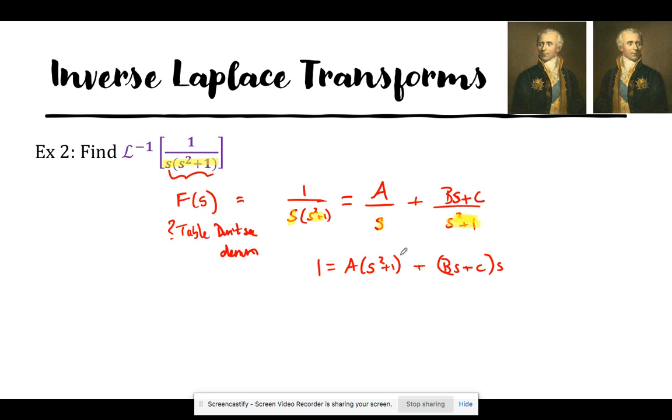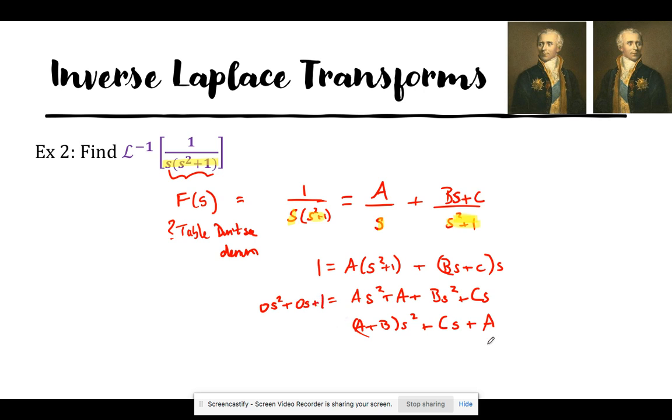Right, and now I'm going to combine stuff. So what does this mean? A plus b are the coefficients of s squared. C is the coefficient of s. And a is the constant. And remember, over here I have 0s squared plus 0s plus 1.